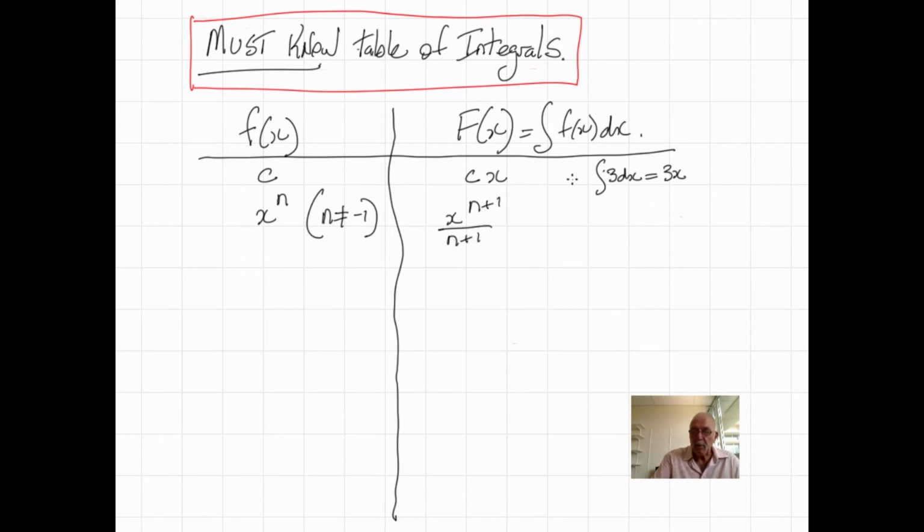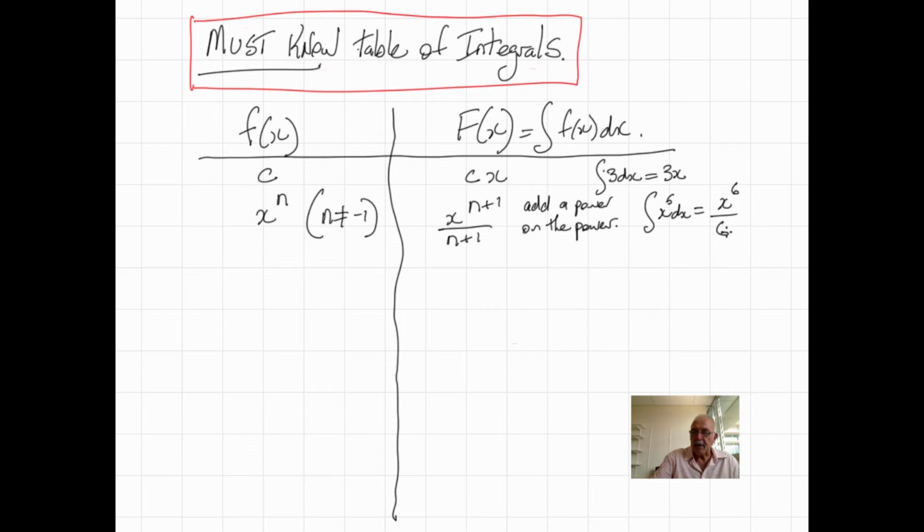So the way to remember that is add a power on the power. So the integral of x to the power of 5 with respect to x is equal to, add a power, x to the 6, and then you put it on that power.